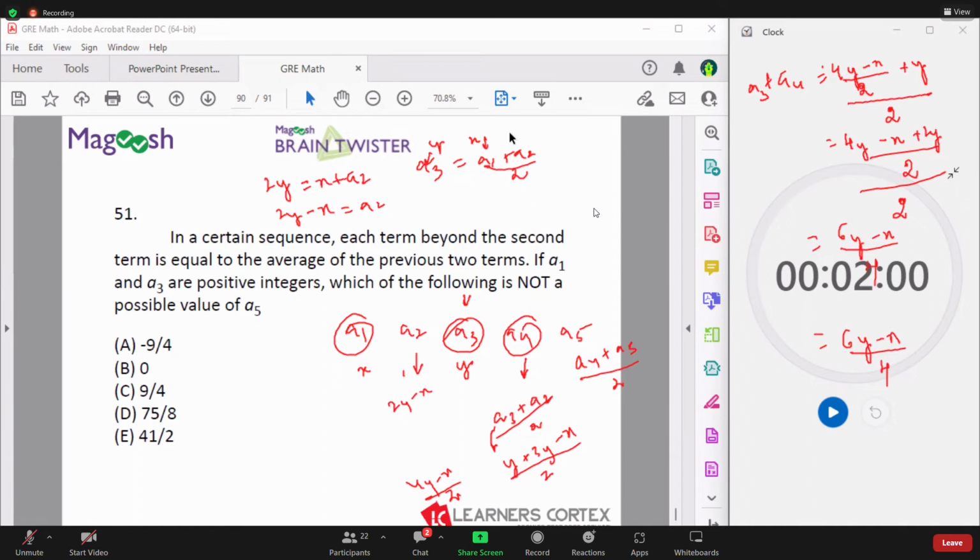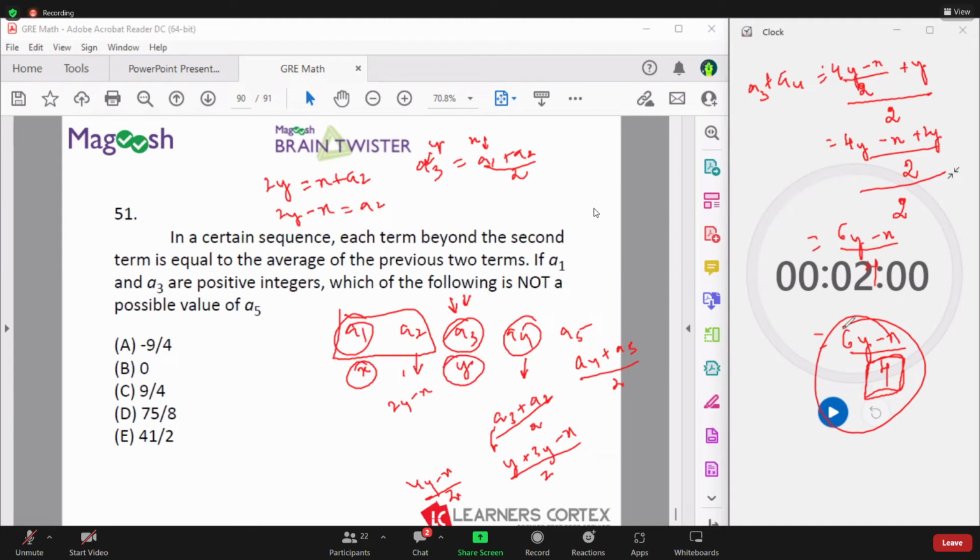Now, here the denominator is 4, and we know, as Vishal put it, that both of these numbers are positive integers. If this is an integer, then these two have to either both be even, or both be odd.